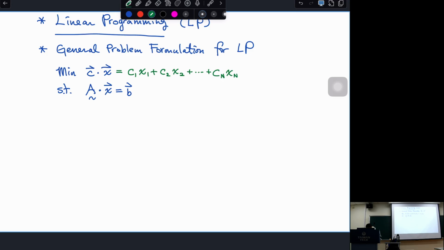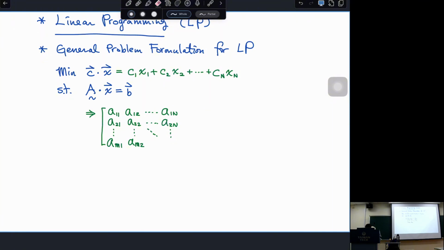Okay, and here we can write this as a matrix with m rows: a11, a12, up to a1n, a21, a22, up to a2n, and so on down to am1, am2.